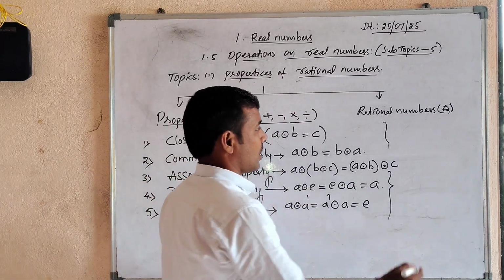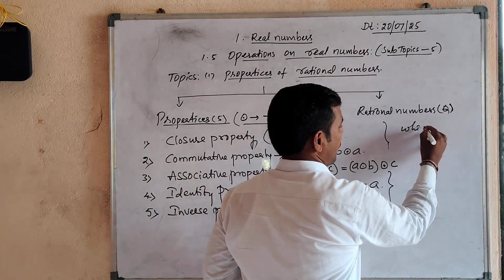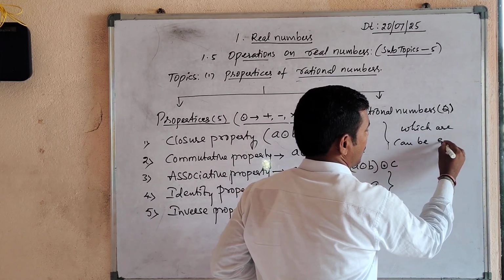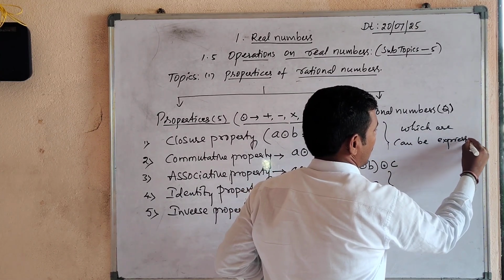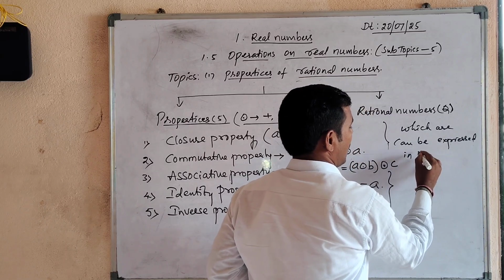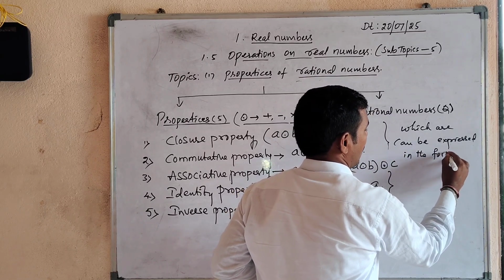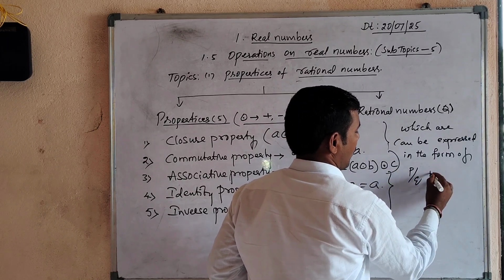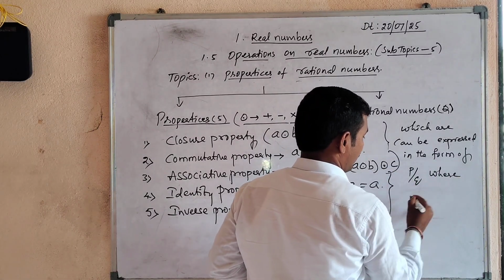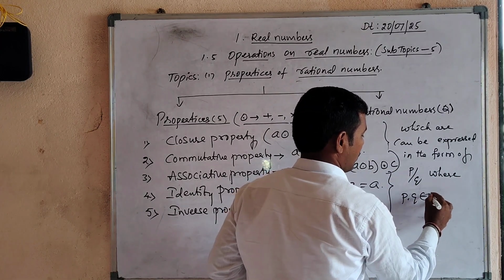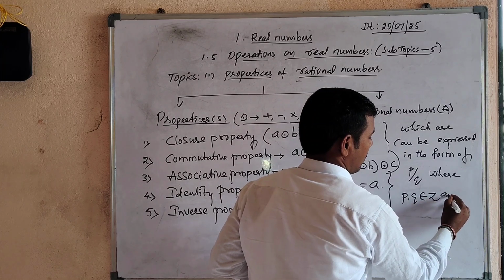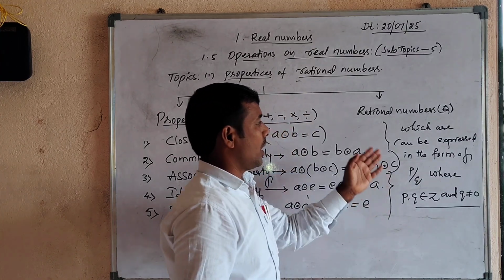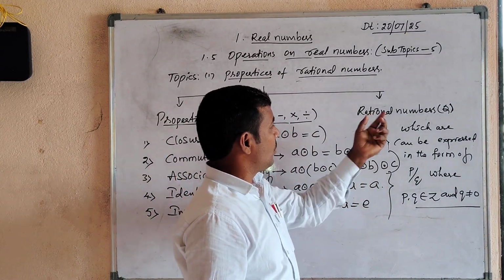Rational numbers can be expressed in the form of p by q, where p and q belong to integers and q is not equal to 0. This is the main rule about rational numbers.